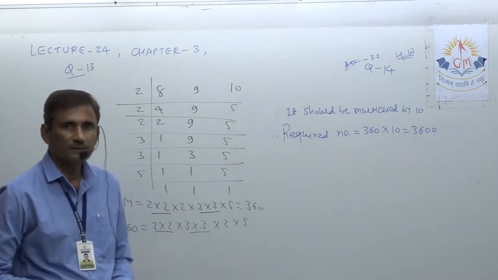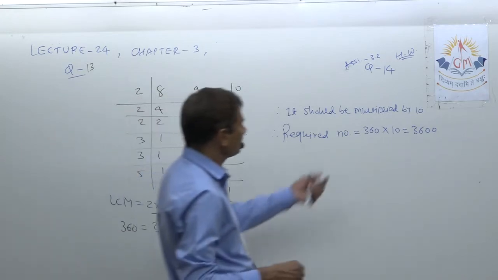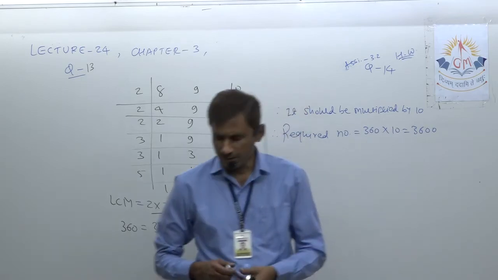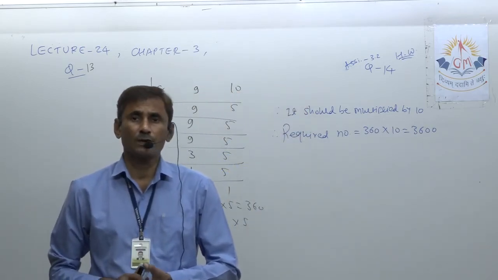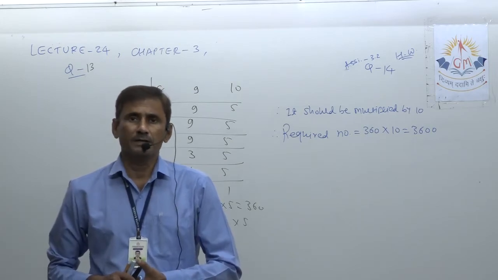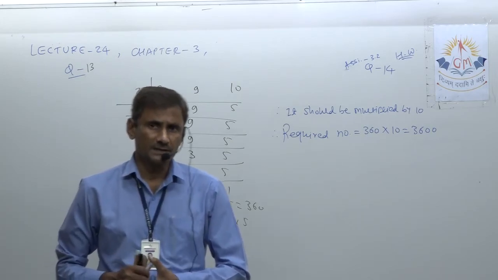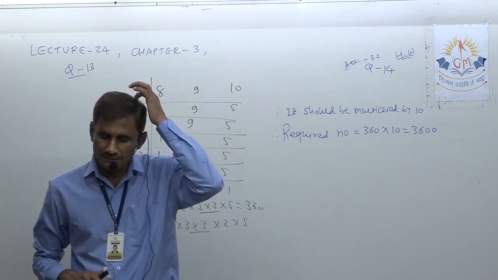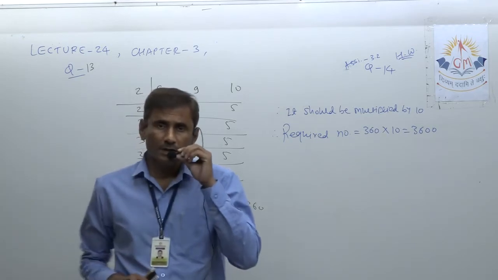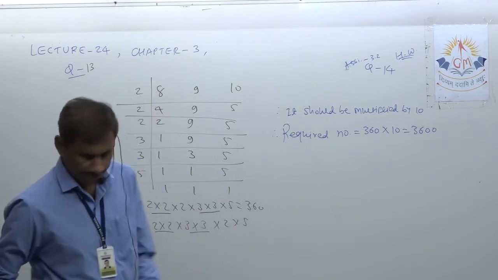In added or subtracted type of cases, the long division method is used. In multiplied or divided type of sums, the prime factorization method is used. Subtracted means we have to perform the long division method here.